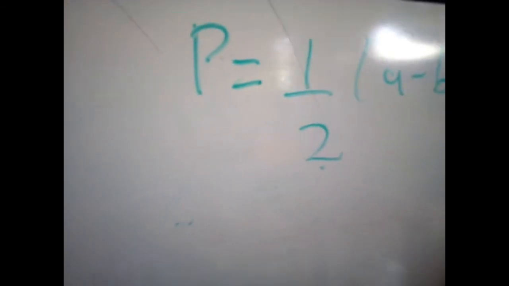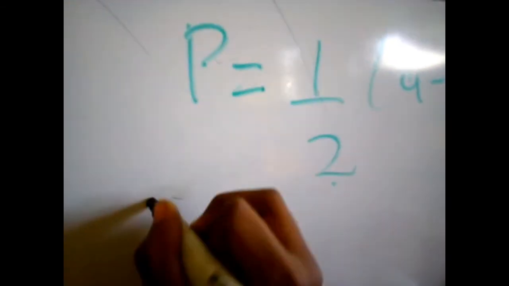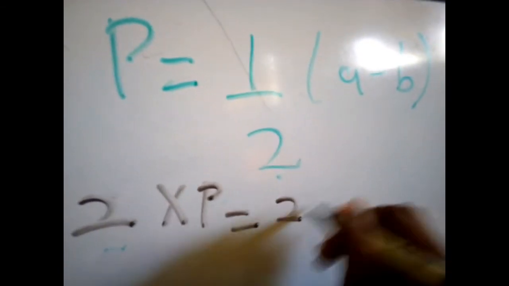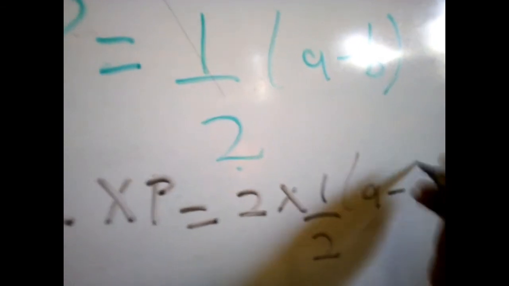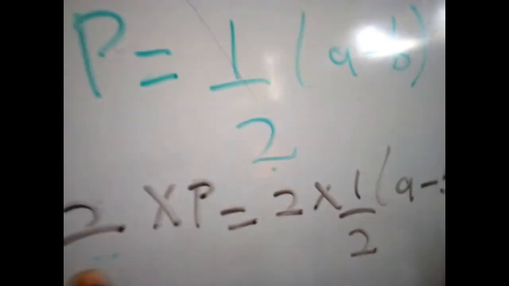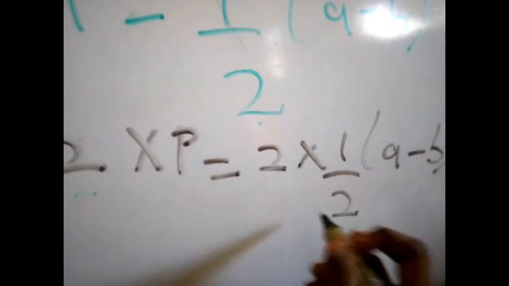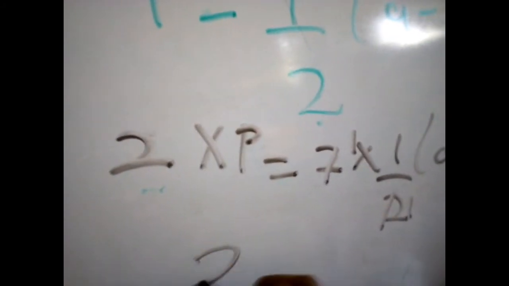The marker's not working. Coming. So 2 times p is equal to 2 times 1 over 2 times a minus b. 2 is multiplying here, 2 is multiplying here. Now I can see 2 and 2. So 2 goes here 1, 2 goes here 1. So now you have 2 times p is 2p.